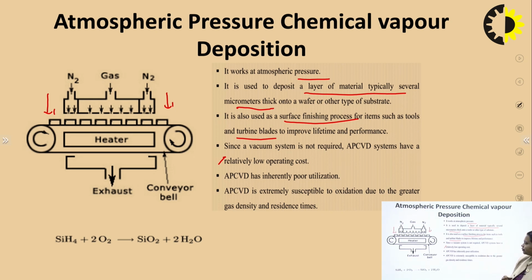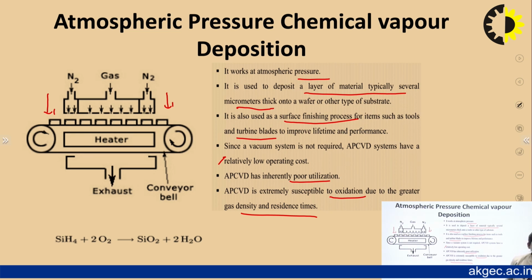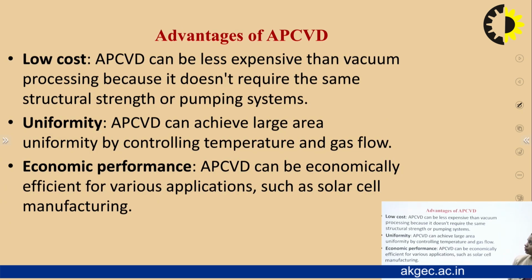This atmospheric CVD method has inherently poor utilization, and it is extremely susceptible to oxidation due to greater gas density and residence times. These are the advantages of this method. First one is low cost.